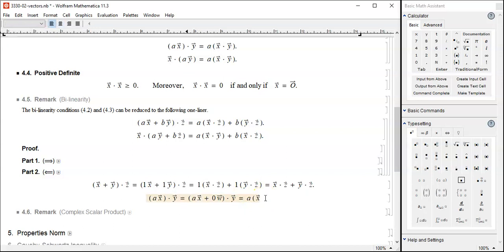x dot y, and then b, but that's 0, so it's 0 times w dot y, and both are vectors. So let me put these arrows, and let's see, 0 times anything is 0.